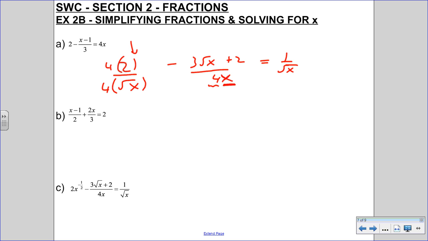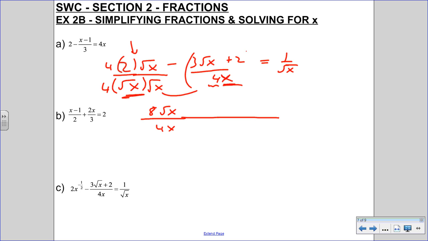This one has an x, this one has a root x. So if we want the denominators to be the same, I need to get x on the bottom. So if I times the bottom by root x and the top by root x, root x times root x is going to be x. So on the top, if I clean this up, I've got 8 root x over 4x. And now as the denominator is the same, I can put it together.